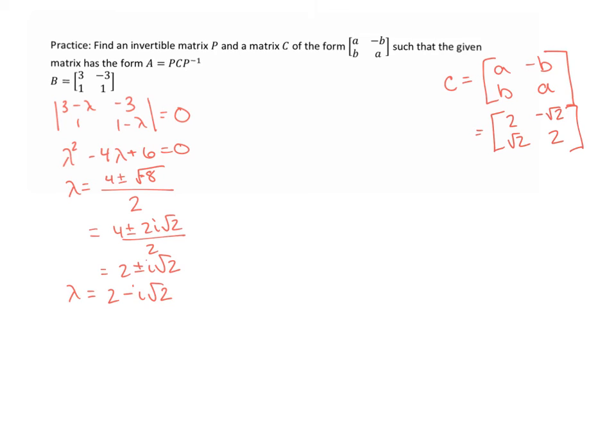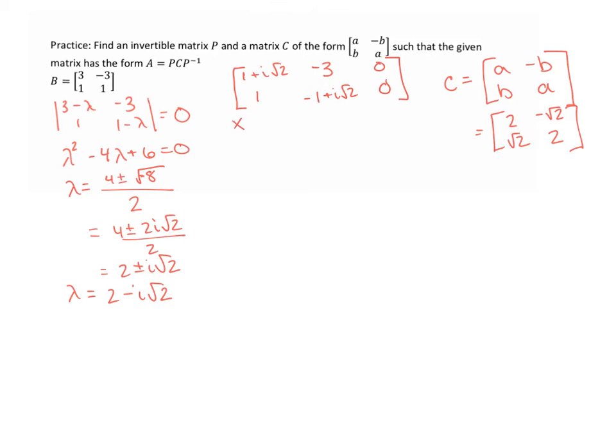I need to find the eigenvector to find matrix P. So 3 minus 2 minus i√2 is going to be 1 plus i√2. -3, 1, and then 1 minus 2 minus i√2 is -1 plus i√2. 0, 0.